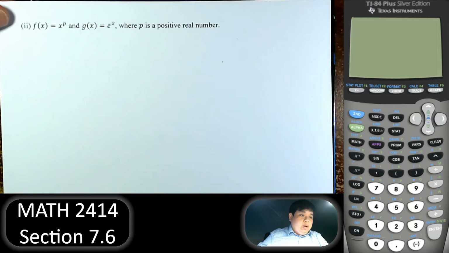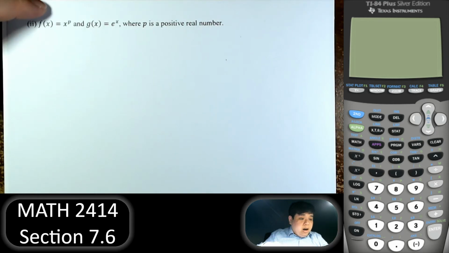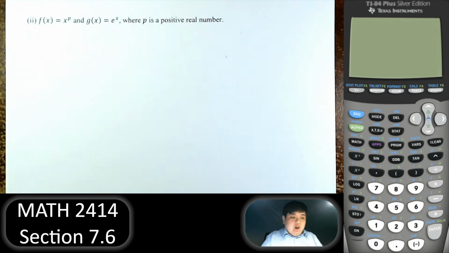We have another example here. This time we have the power function and the exponential function, where p again is a positive real number. There's a typo here.